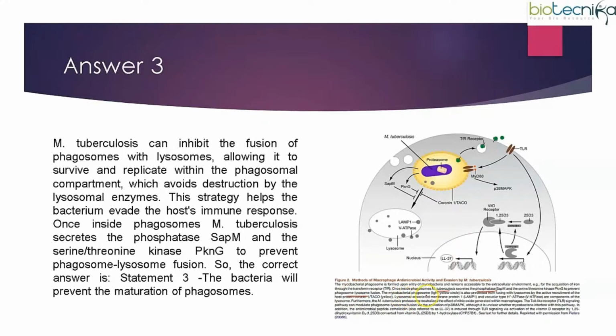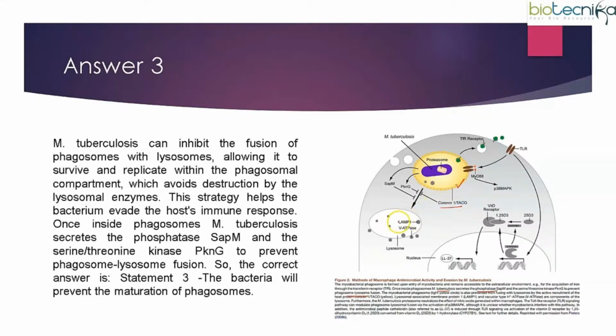Okay, so the mycobacterial phagosome, the light yellow circle, is prevented from fusing with lysosomes because it secretes certain enzymes and there is active recruitment of host protein, coronin 1 TACO.